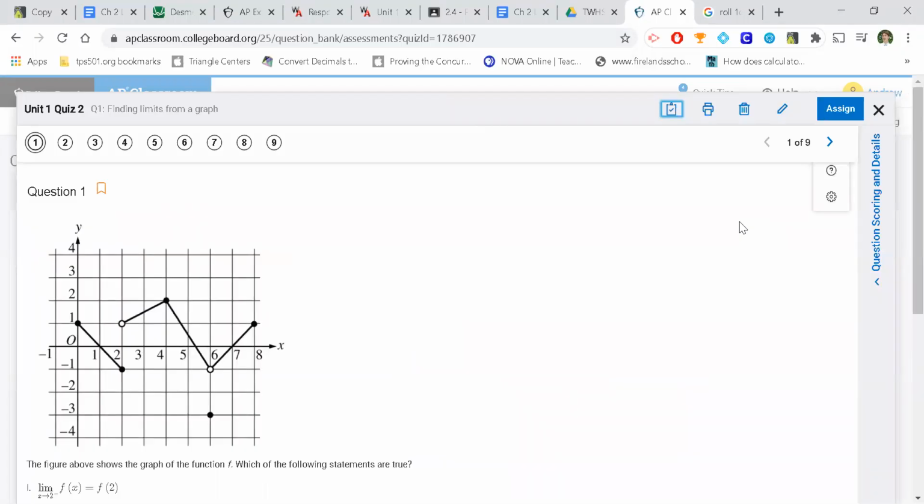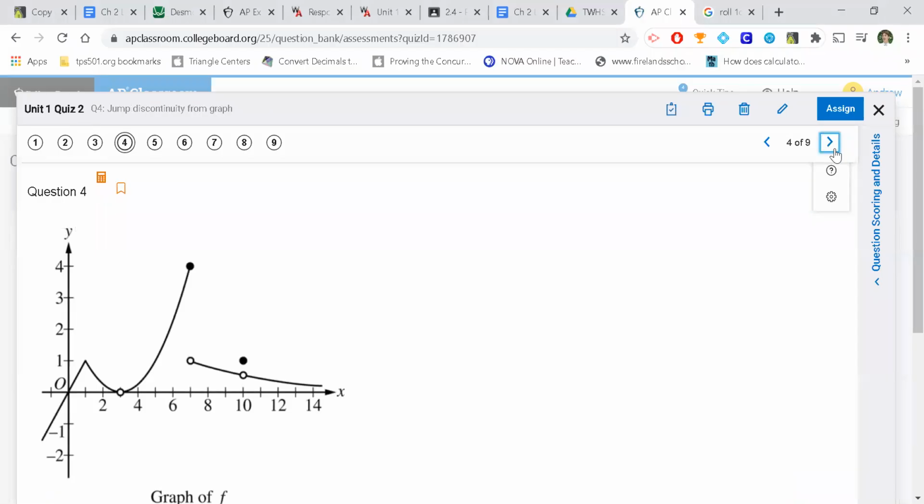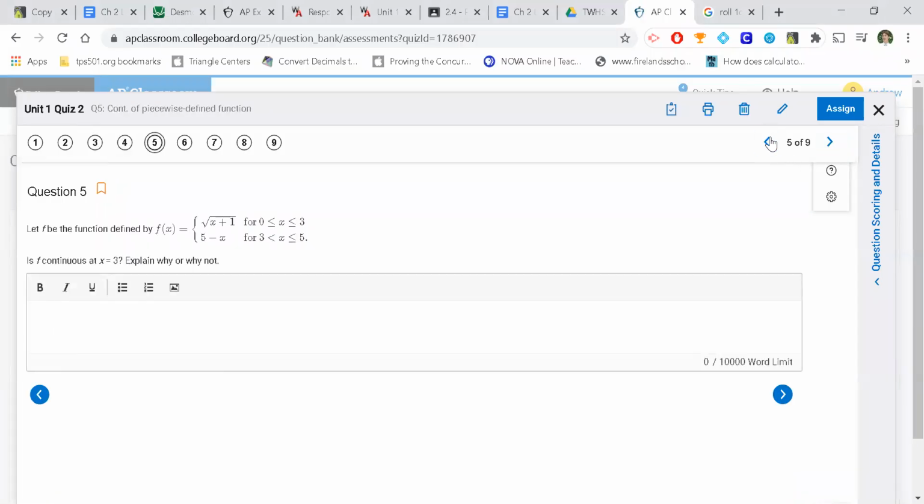It's due at the end of the day. The only thing that's weird about this one compared to the previous quiz is that once you hit question 5, this is the pre-response question. You can answer this by just typing.